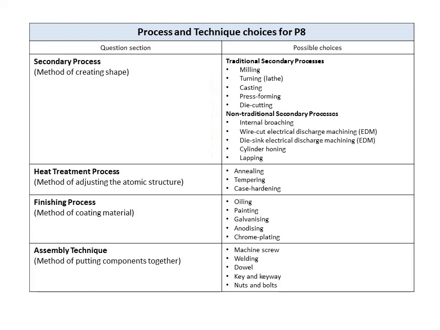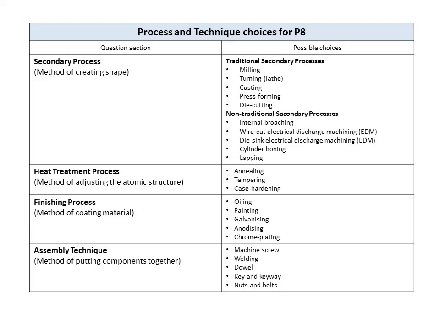There's only going to be 4 questions. You've got to choose which ones you think are most appropriate. And as I say, I will be accepting alternative answers providing they're valid. So remember that. If you're not sure, I might accept it. So we've got milling, turning, casting, press forming and die cutting for traditional. And then we've got non-traditional, internal broaching, wire cut and die sink EDM, or cylinder honing or lapping.